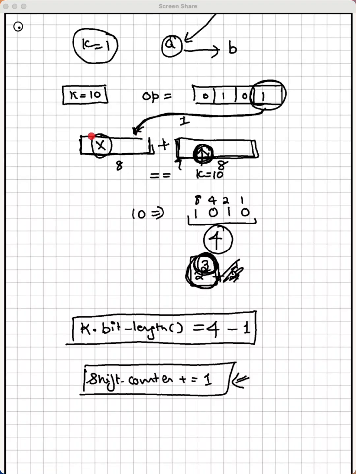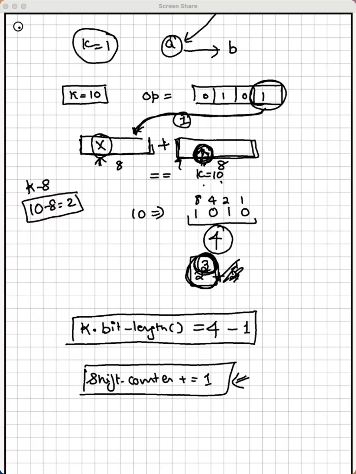Okay, so after this iteration, what happened? We identified that this is the character k equal to 10, which is in the right hand side. It had been applied operation 1. So what is the position of this character in the left place? That is going to be k minus 8. 10 minus 8 is equal to 2.